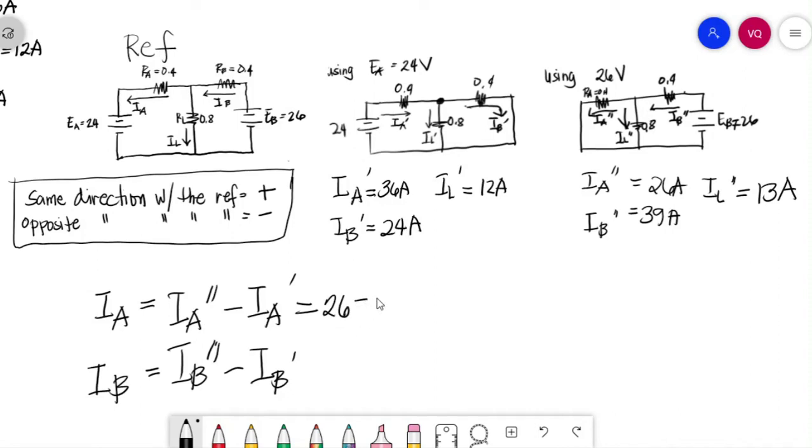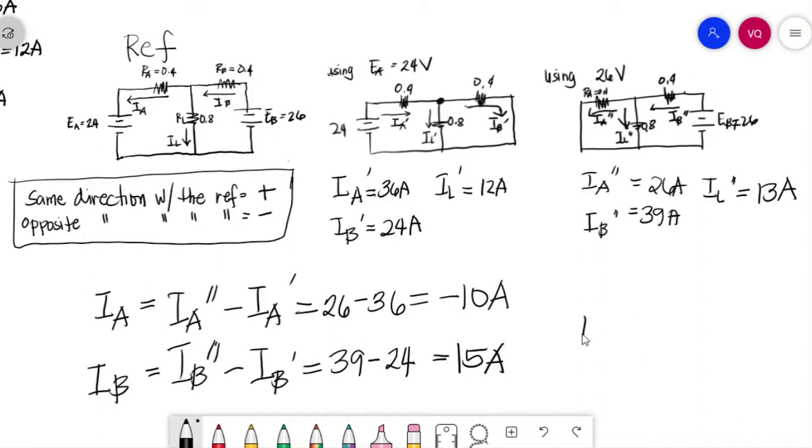minus 36, equal to negative 10 amperes. IB double prime is 39 minus IB prime, which is 24. So that is 15 amperes.